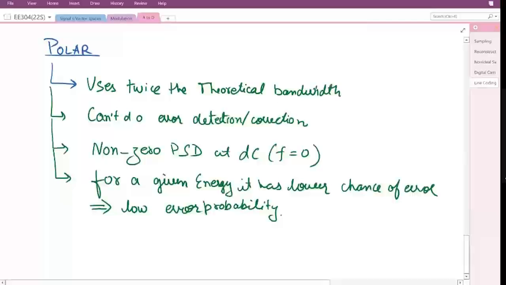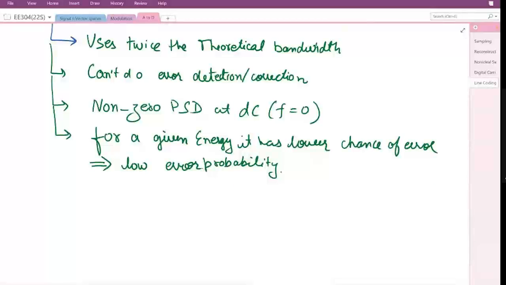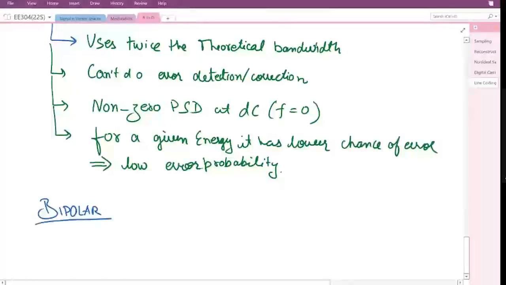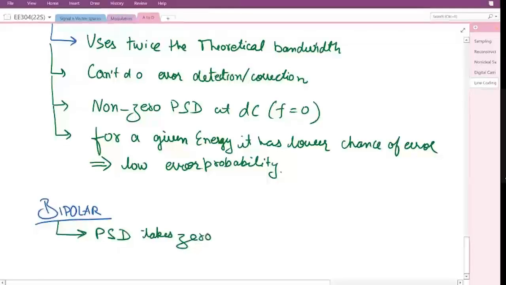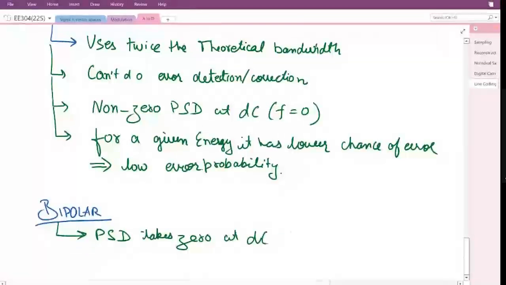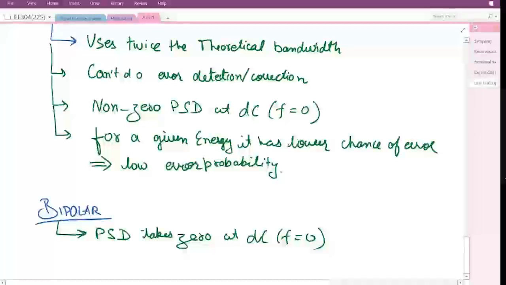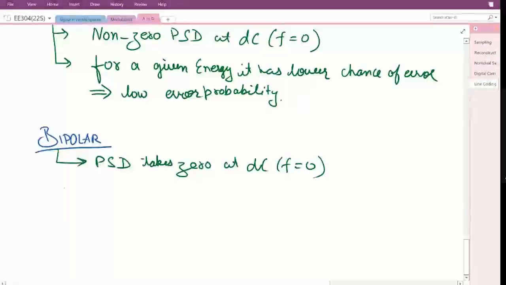Now, likewise, if I have to say things about bipolar, what are the points? First thing is, in the PSD, we have seen that the PSD takes 0 at DC, that is, at frequency f being 0, and it is bandwidth efficient.